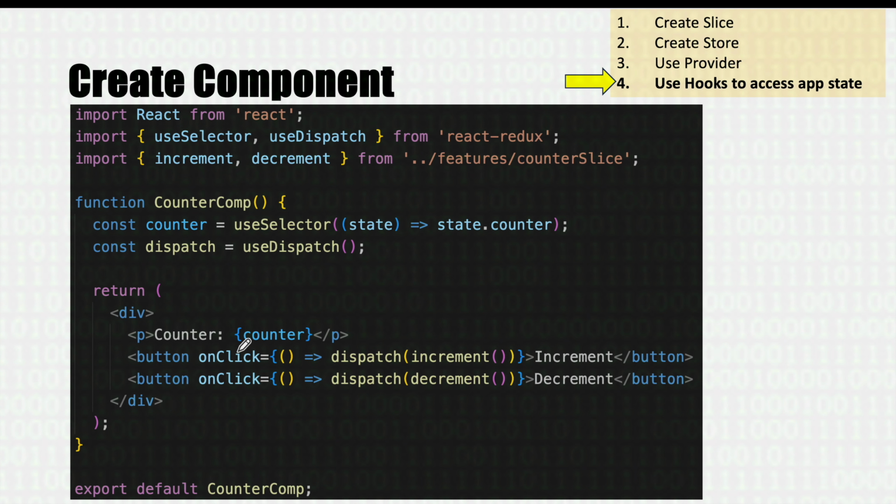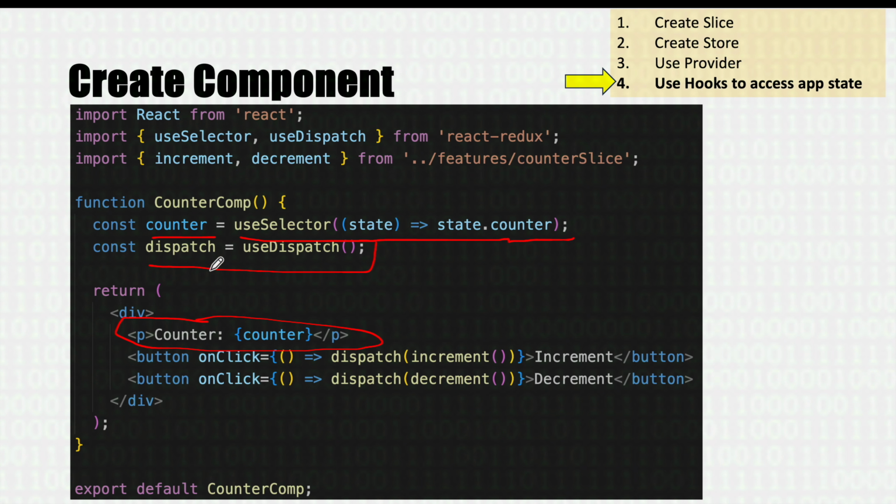Finally, you want to access the state, so you can use useSelector, so that whenever the state is getting updated, you will be notified that the state has been changed. In this specific case, the counter would be updated, and thereby this tag would be updated whenever there is a change in the state. Dispatch means sending an action to the reducer and finally to the state store.